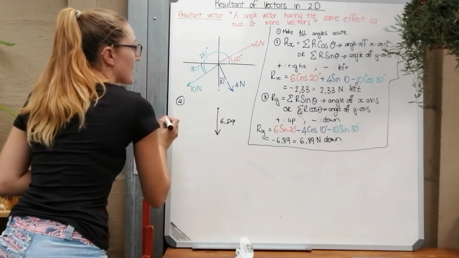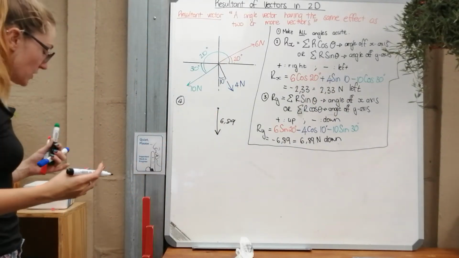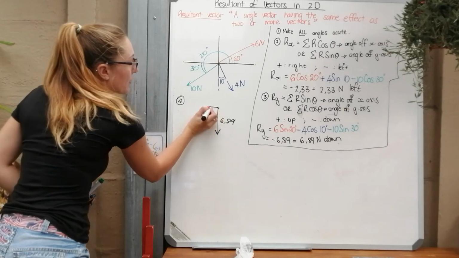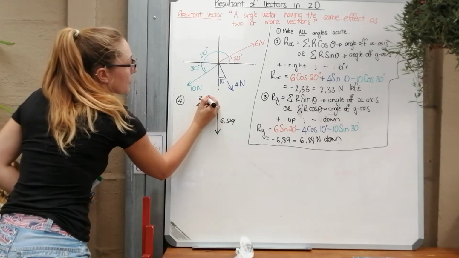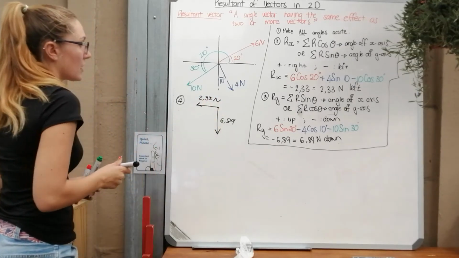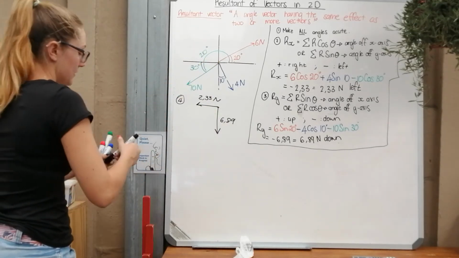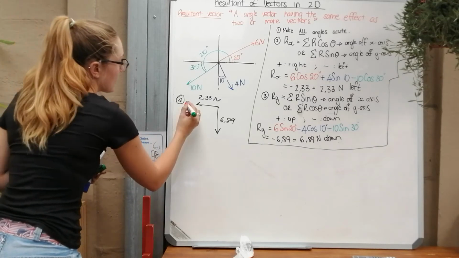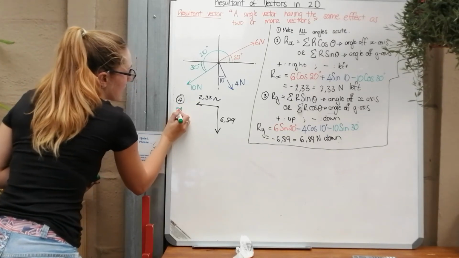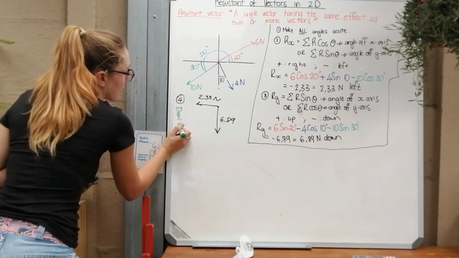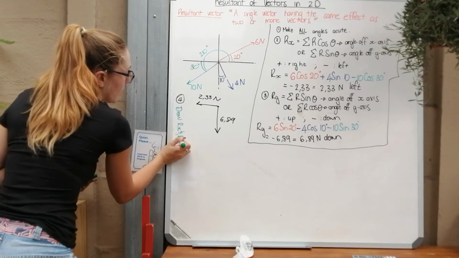So it's a tail-to-tail diagram, okay, 3-point diagram, which means we start in the same place, and now we're going left 2,33 newtons. Okay, so step 4 is you draw your resultant x and y. Draw our x and our y.